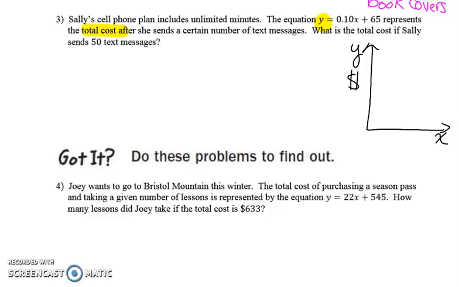I think so. But what am I comparing the total cost to? Yeah, the number of text messages. So my X value is the number, yes, I know that's hashtag, but it also means number of text messages. Okay, this is just helping me so much doing this little graph and seeing what's going on here.